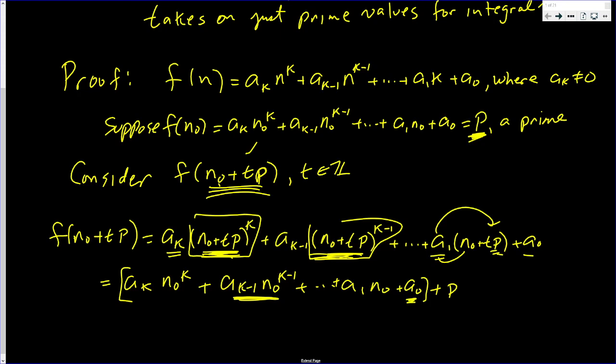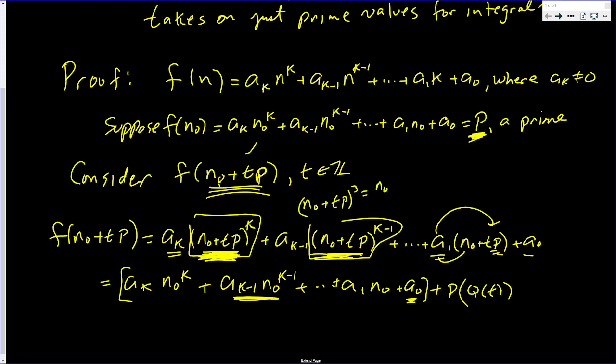And it's not just going to have p, it's going to have also a polynomial in the variable t. For example, n0 plus tp cubed.